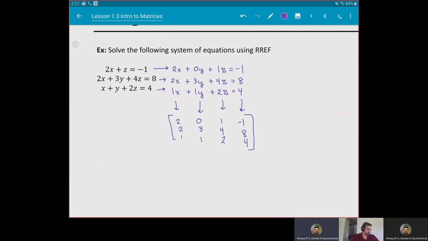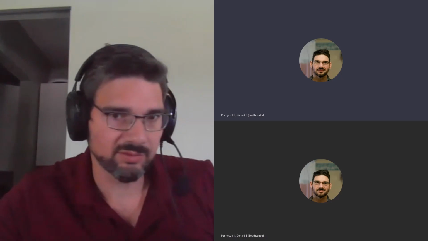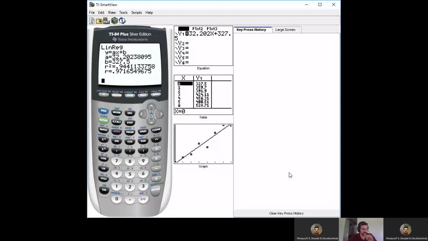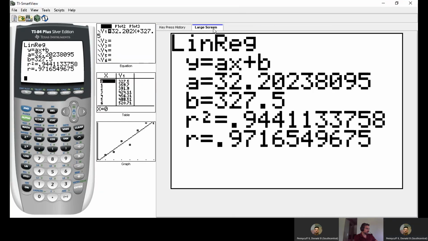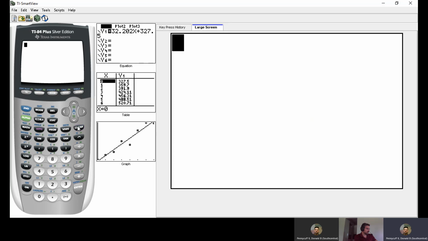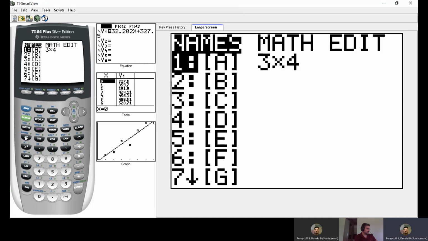So let me switch over to my work computer, and I've got a graphing calculator pulled up. Okay. So all I'm going to do to get the matrix is, your matrix is along this left-hand side right there. So I'm going to go second, matrix, and then right here's the matrix.